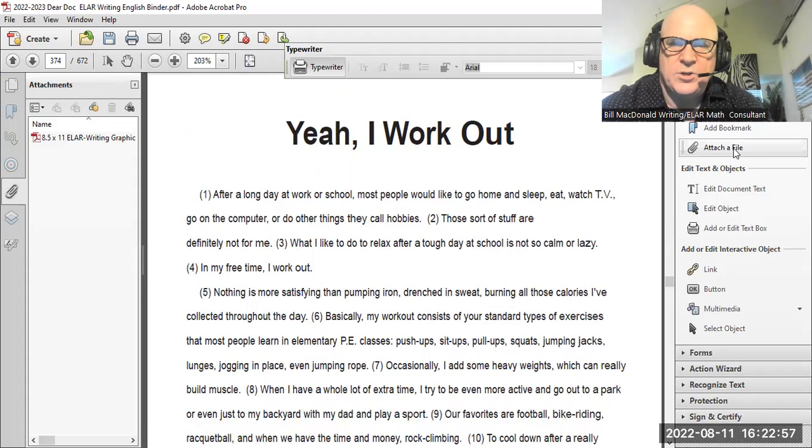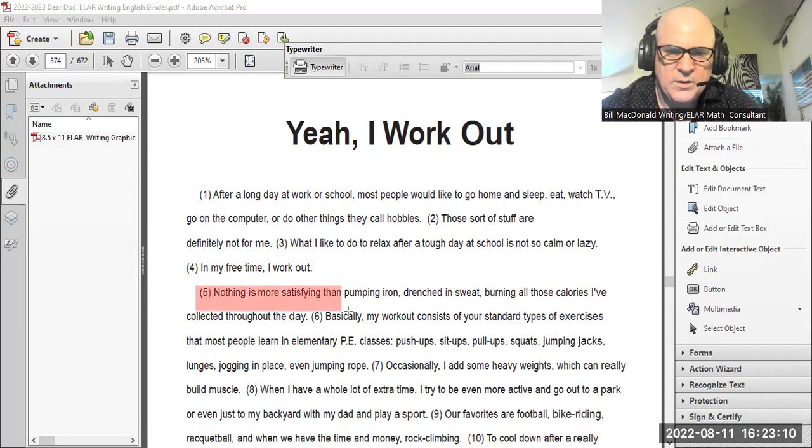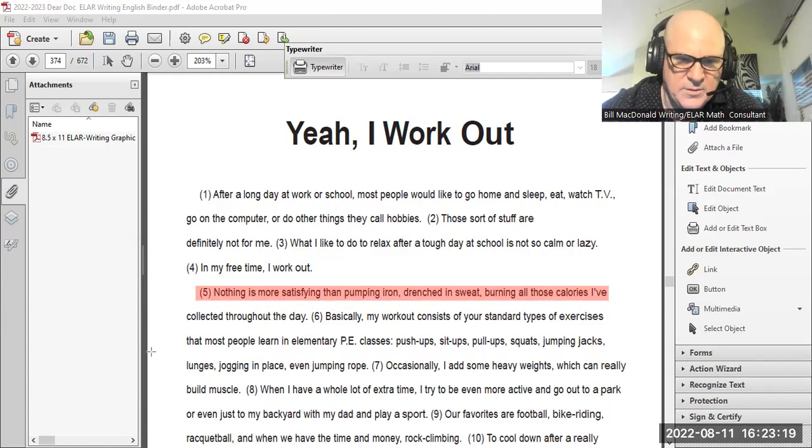We would want to, because we're allowed to do that, highlight, and what we have is this here and the rest of the teeter-totter. So that was sentence 5.